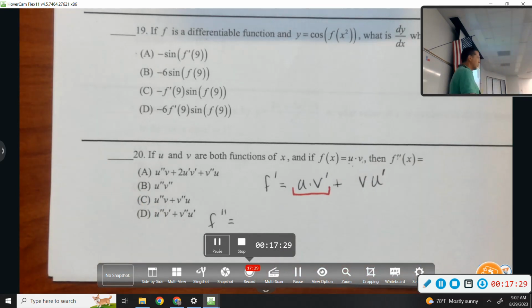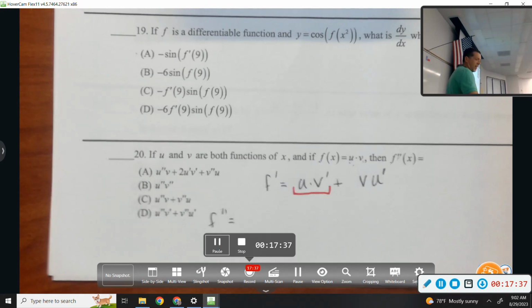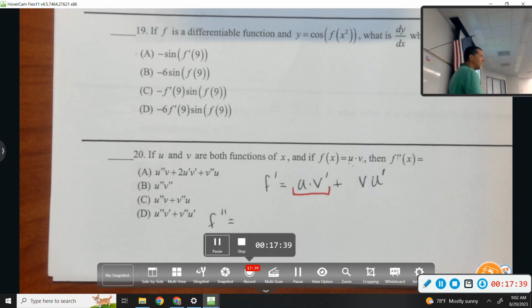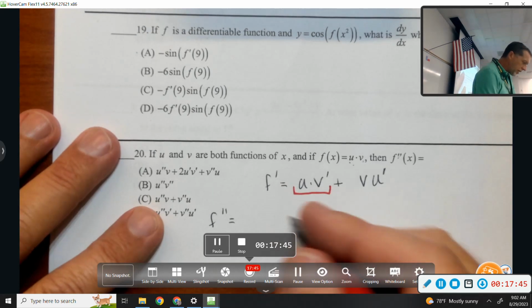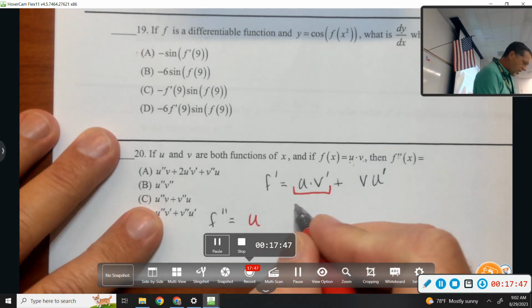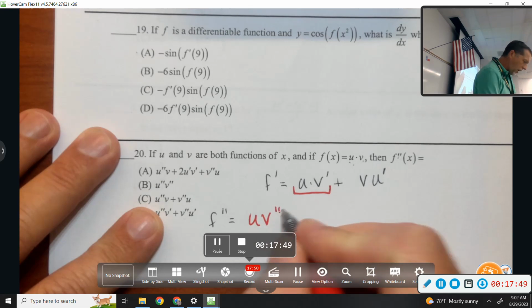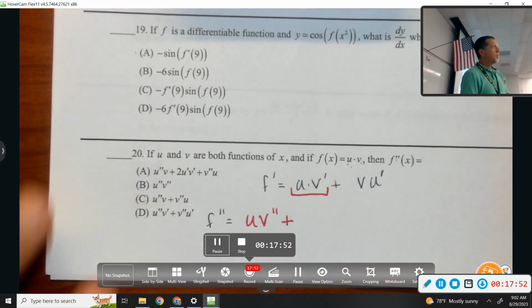What rule will that take? U times v prime. They're being multiplied. So that would be the product rule. So the product rule is one of them times the derivative of the other. So u times v prime plus the other way around.